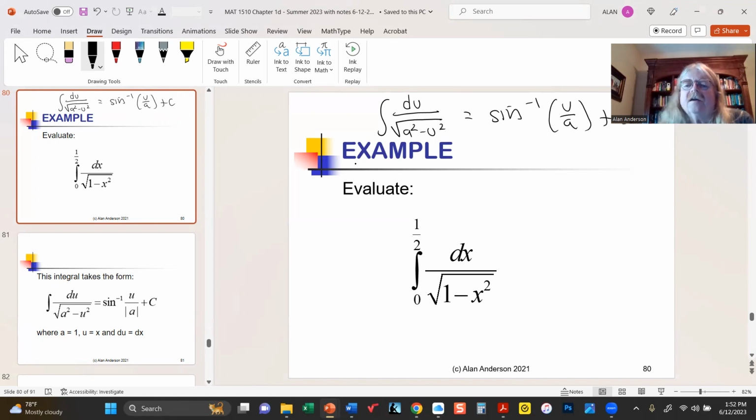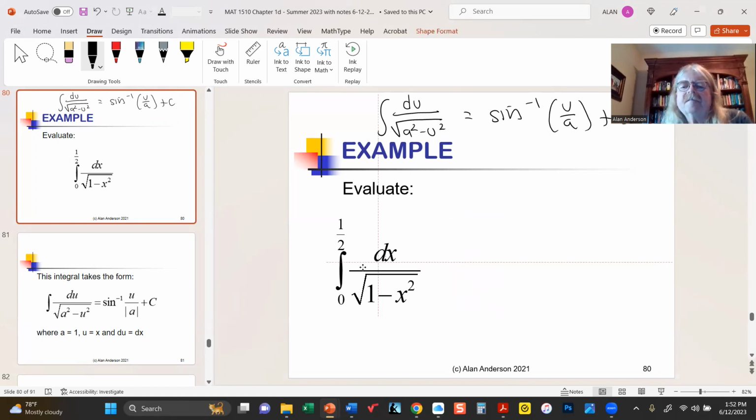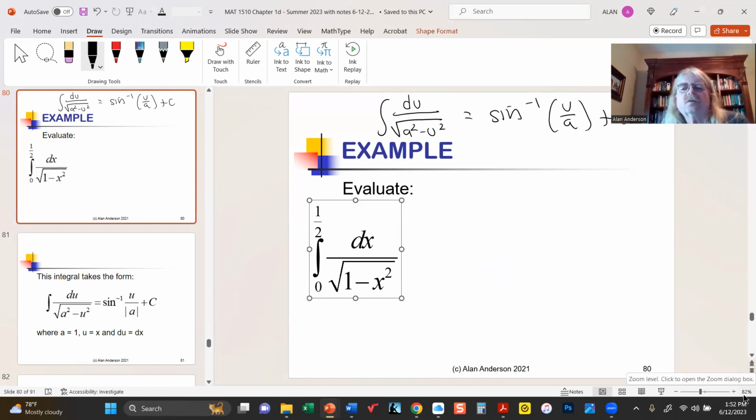So that's what we have here, with a equal to 1 and u equal to x. Why x? Because it's u squared, if you notice in the formula.